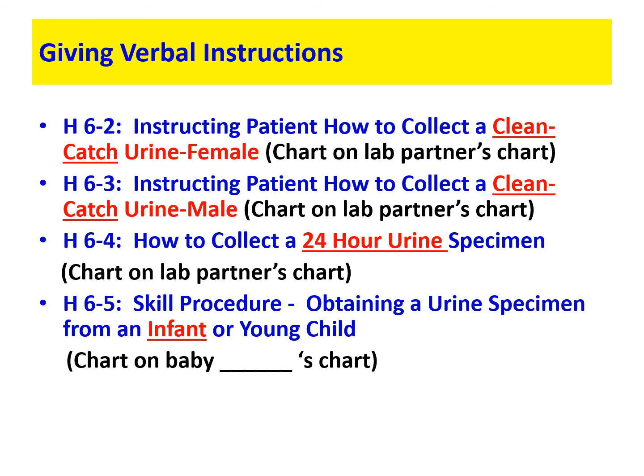Then he will move his urine container into the stream, collect about half a cup, move it out, urinate the rest of the way into the toilet, place his cup cap securely on top of it, and then he will give it to the person in the lab. And then, of course, he will wash his hands when he finishes up.